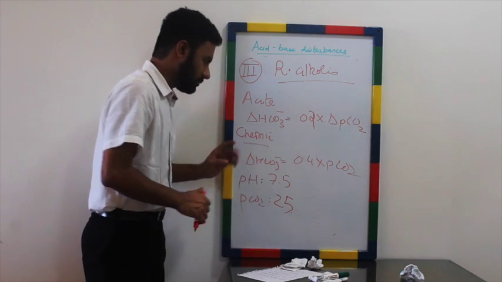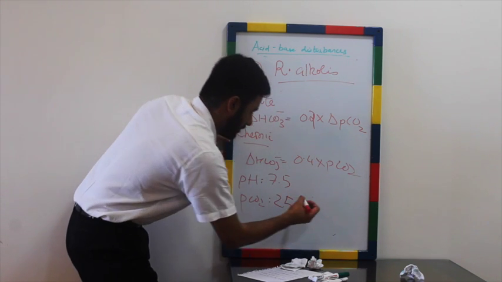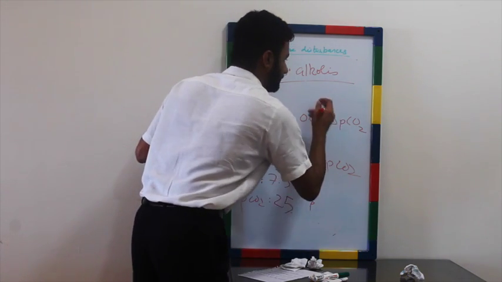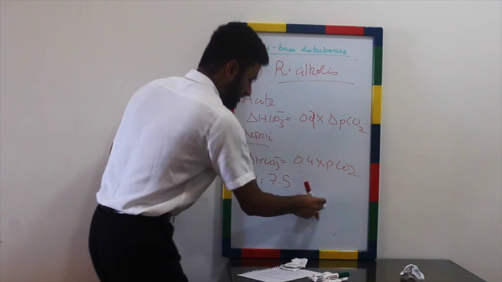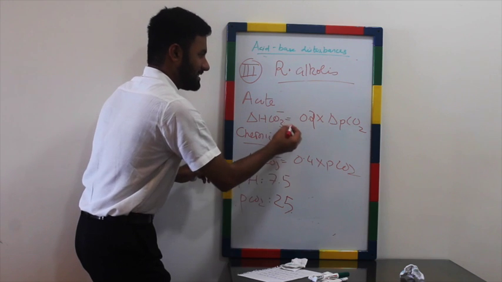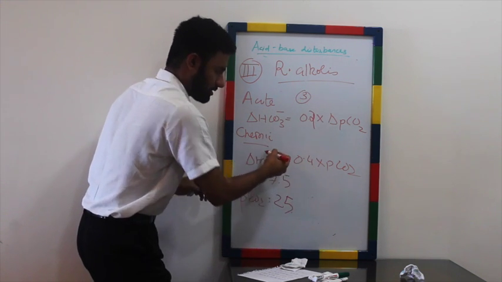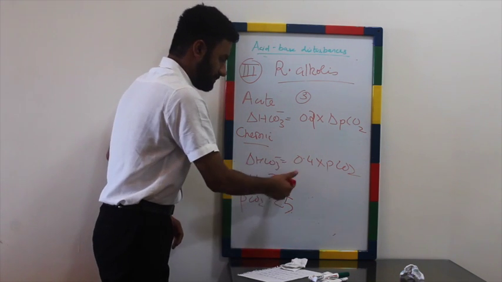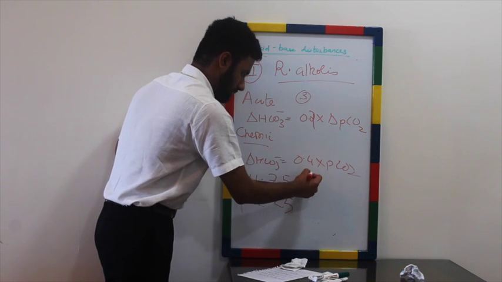If it's an acute respiratory alkalosis, the delta PCO2 is 15, so 0.2 times 15 is 3, so the expected bicarb will decrease by 3. If it's a chronic respiratory alkalosis, the expected bicarb should decrease by 6.